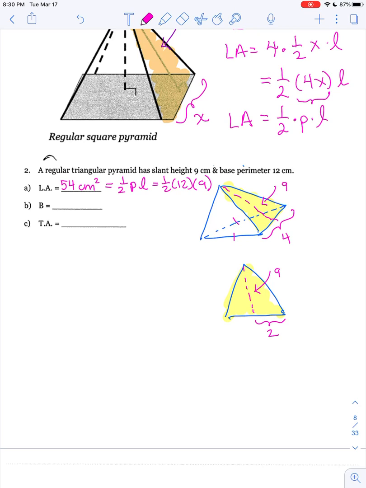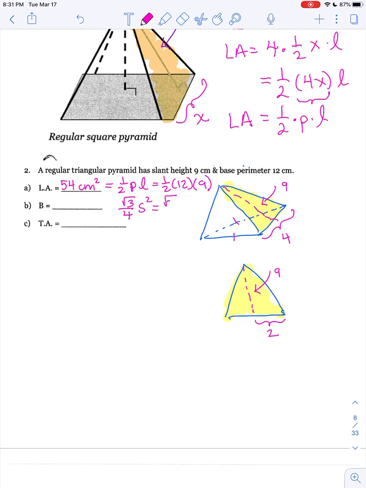Okay, the base of this equilateral triangle, keep in mind, is an equilateral triangle. So if I remember from the previous chapter, that would make the formula rad 3 over 4 s squared. And each one of the side lengths is equal to 4.